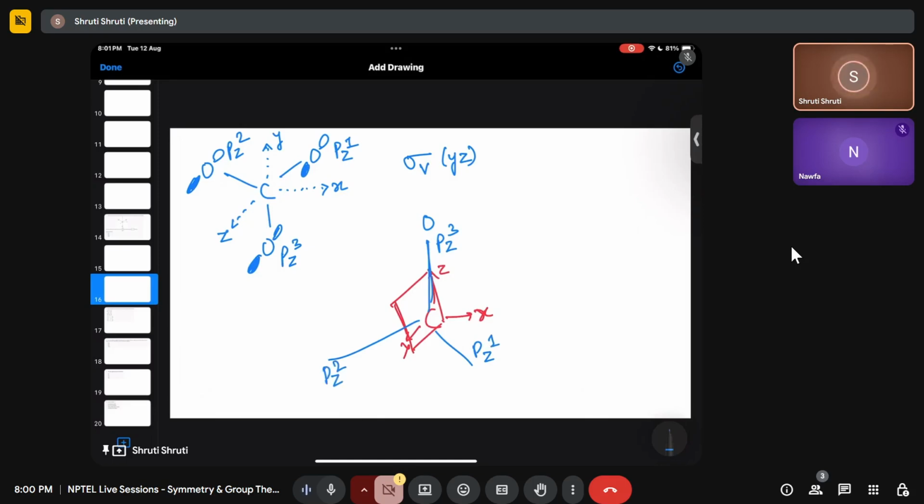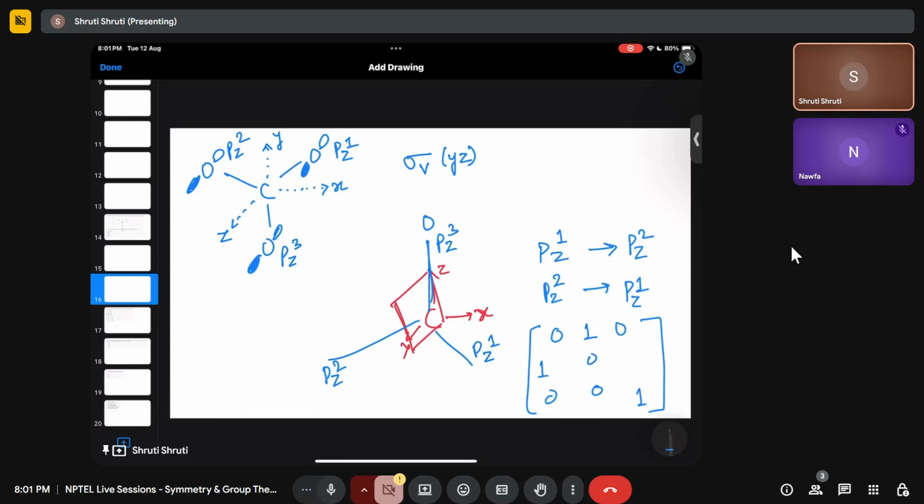If you do the reflection, these two have to interchange places. pz1 will come in place of pz2 and pz2 will go in place of pz1. So the matrix and pz3 will remain as it is. So here it should be 1, 1 will become 2, so this should be 1, 2 will become 1. This also is the answer, no?